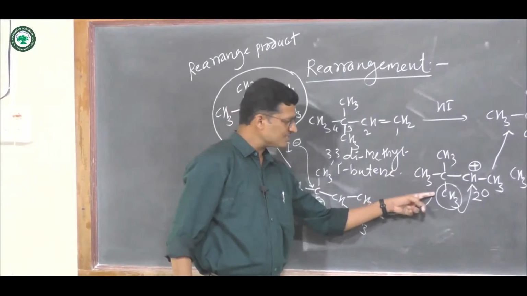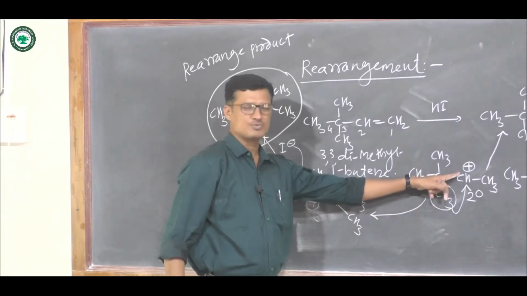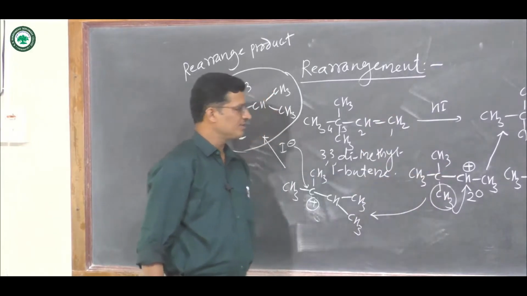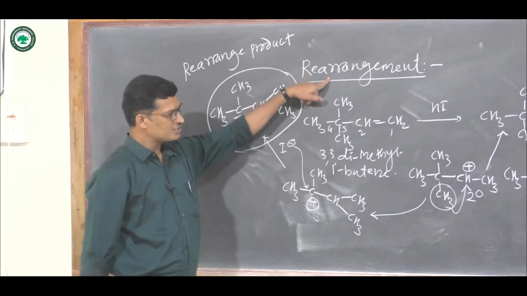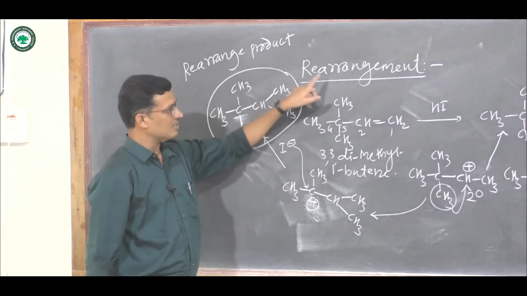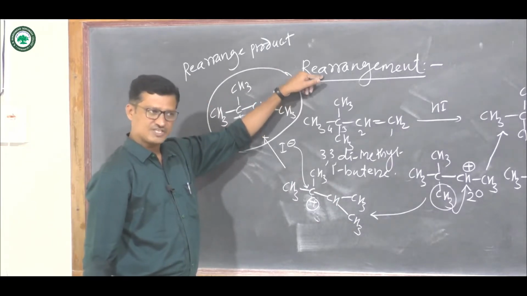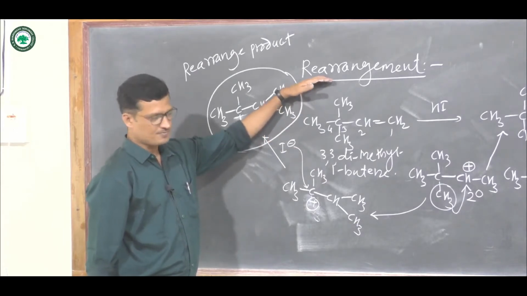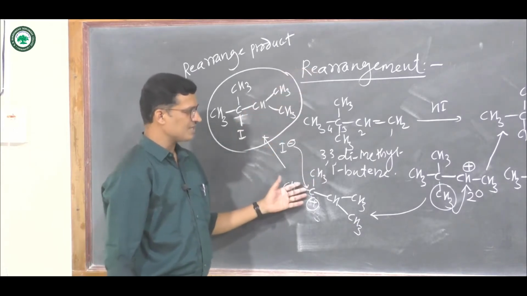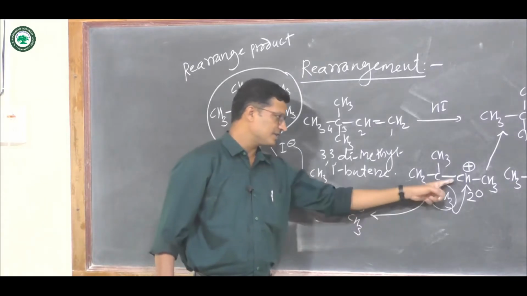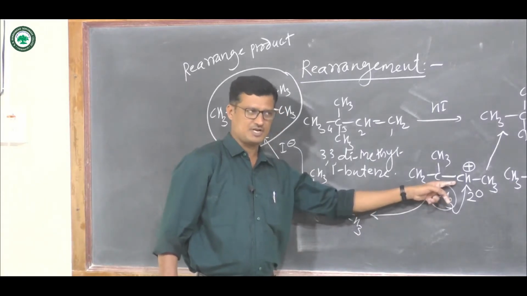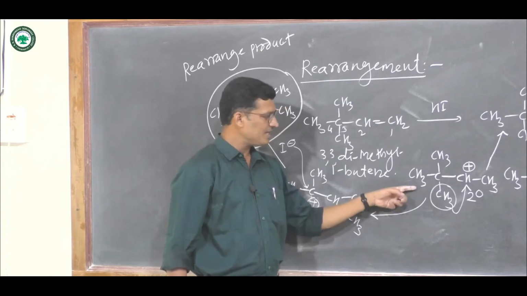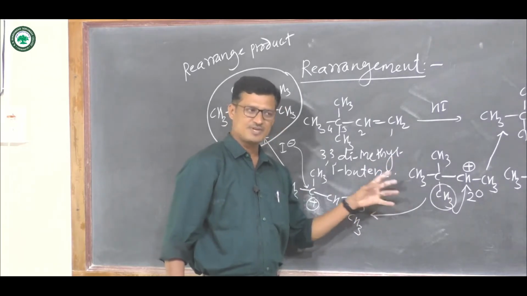And why does the rearrangement take place? Because there is formation of a carbocation. So we remember the addition reaction of carbon-carbon double bond with HX, or hydrohalogenation reaction, gives rearrangement. And when the reaction gives rearrangement, then ultimately there is formation of a carbocation. And once the carbocation is formed, then the rearrangement takes place.